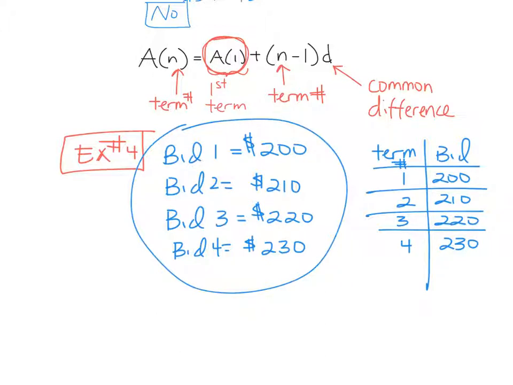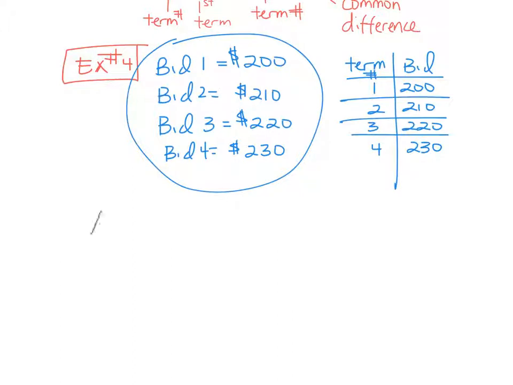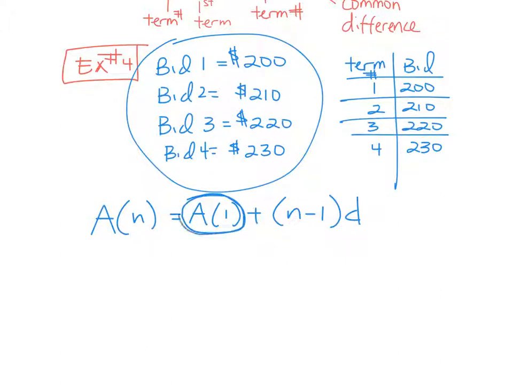Here's the deal. We are trying to set up a formula for this. So our formula, this is just the generic formula again. You already have this written down, but I want to show you where I'm going to plug things in. So I'm going to write it like this again. Okay? Can you tell me what should go here?